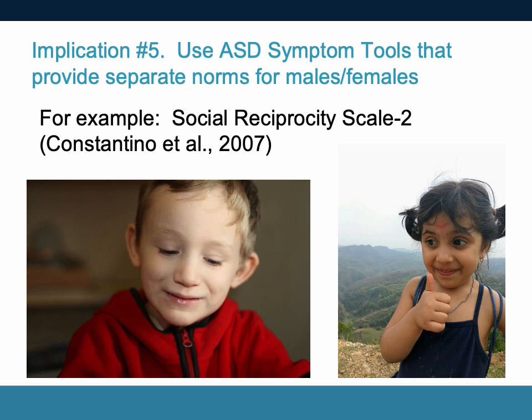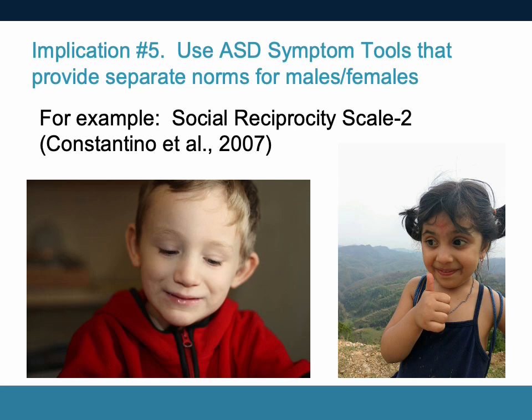Implication number five. Now that we've thought about cognitive testing, strengths, and motor and adaptive skills, I think it's also important that we consider whether or not the symptom tools we're using have separate norms for males and females. We don't yet have this for the Autism Diagnostic Observation Schedule, for example, but I've heard that some of that is in the works.